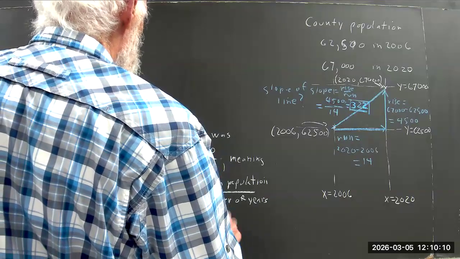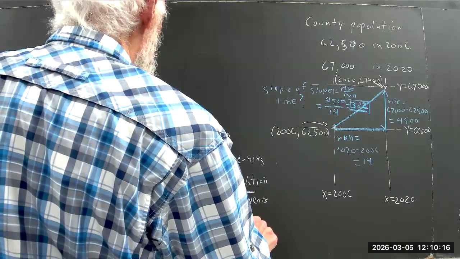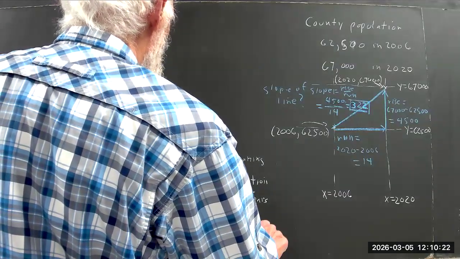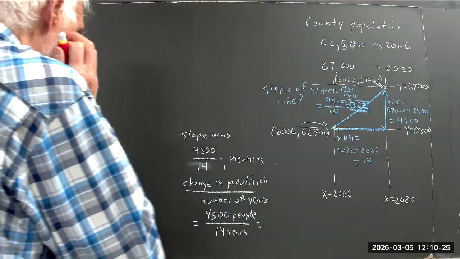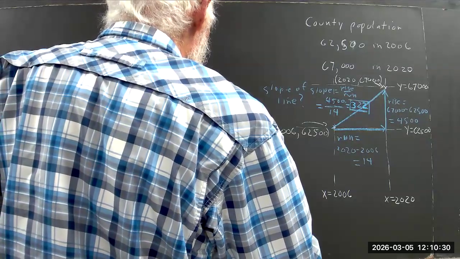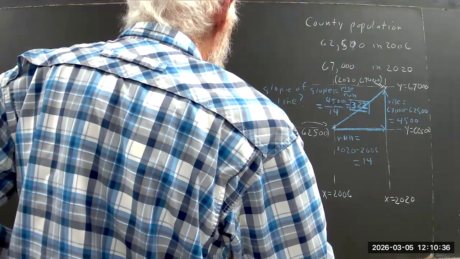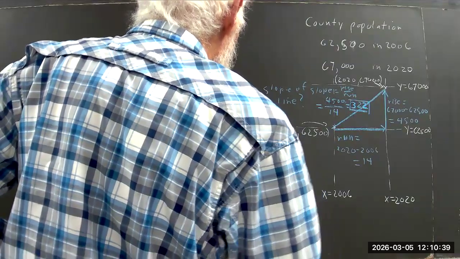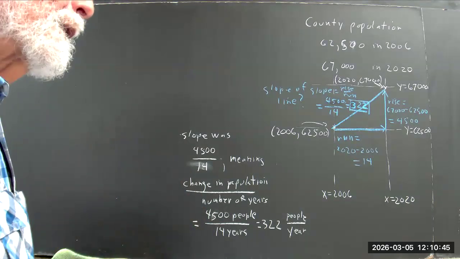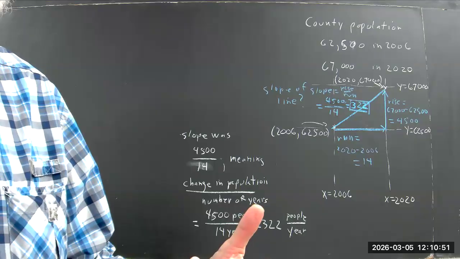If we write out what that really means, that's 4,500 people over 14 years, which is about 322 people per year. That's the average rate at which the population was changing with respect to time.